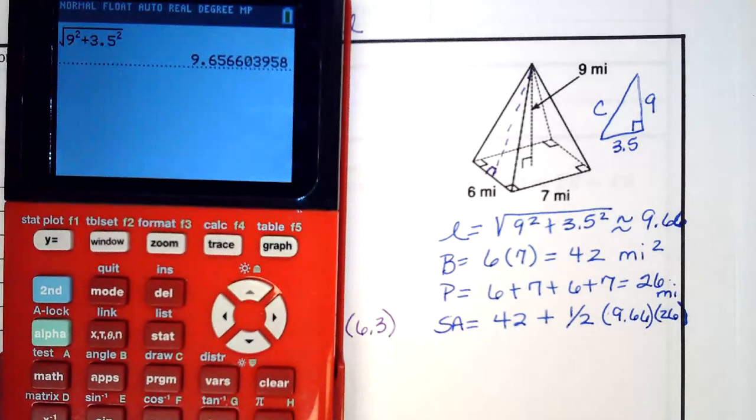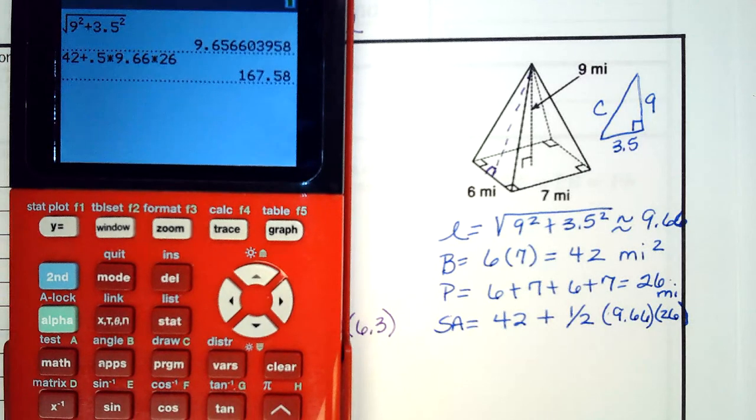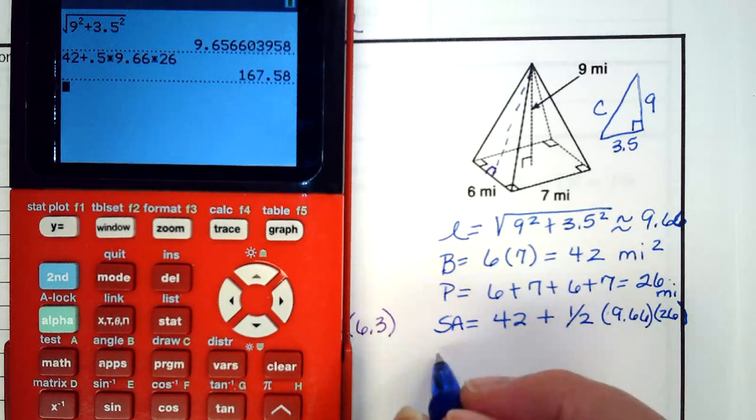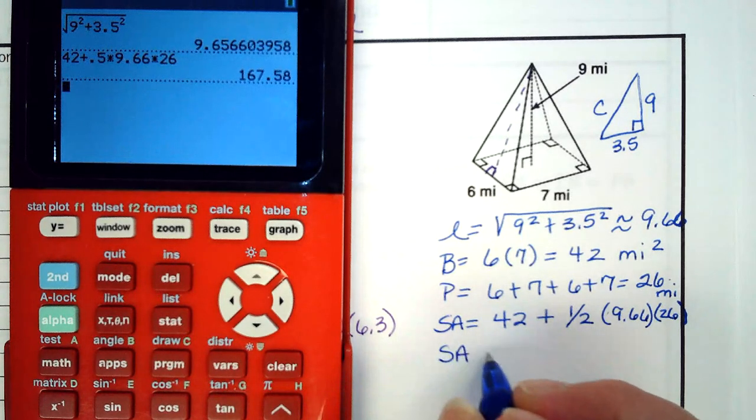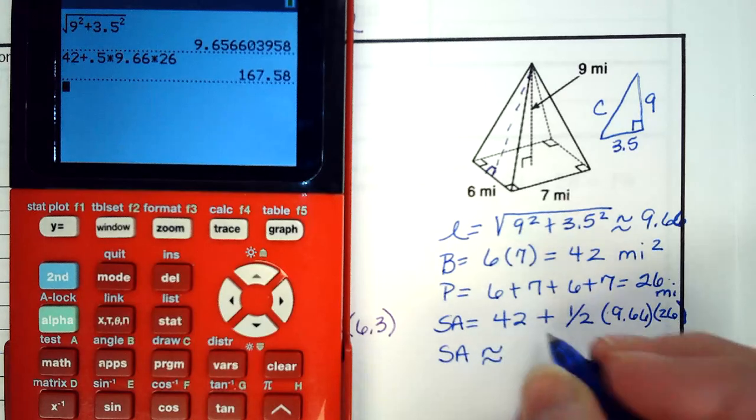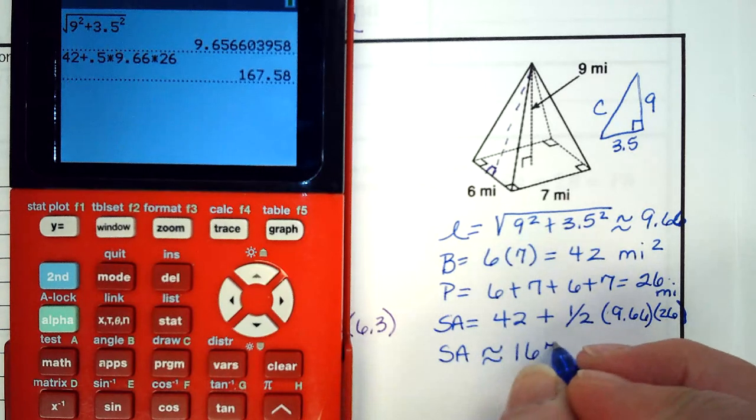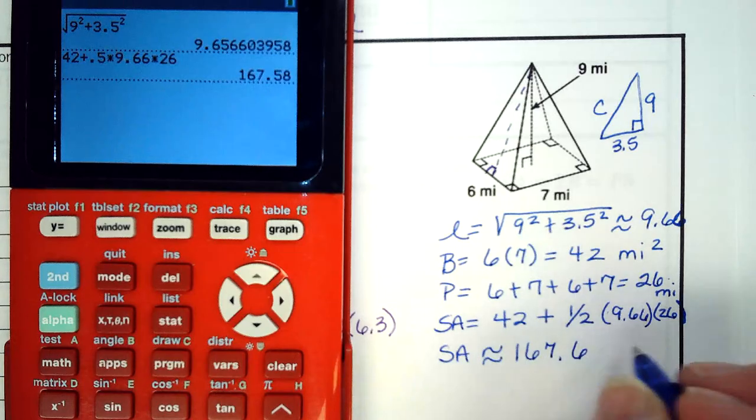Calculator. 42 plus 0.5 times 9.66 times 26. And we get 167.58. So my surface area is approximately 167.6 miles squared.